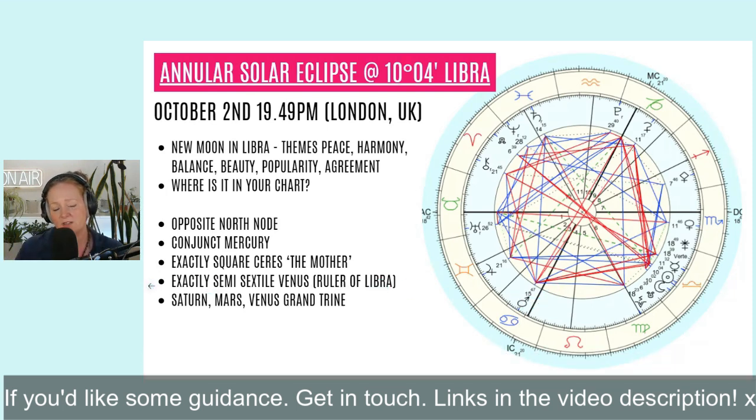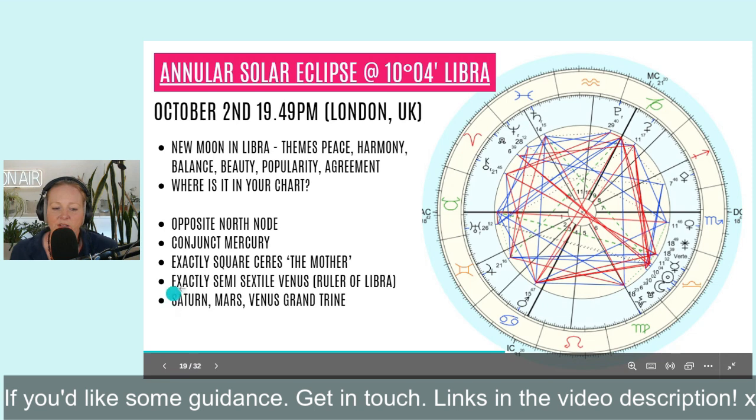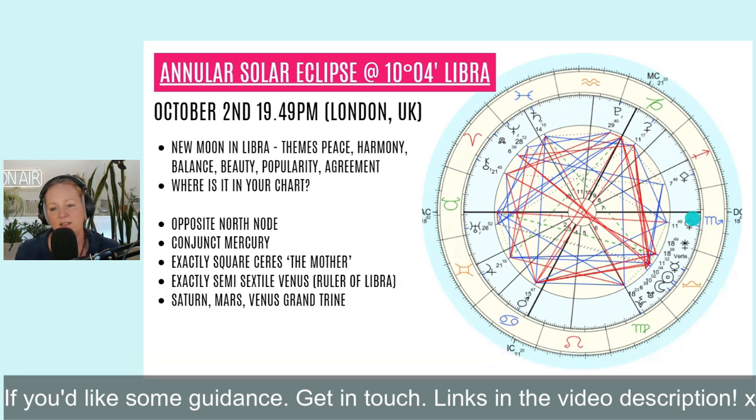Stepping away from motherhood, and I should also apologize, it's not only about motherhood, it could be about parenthood. Let's consider fathers too. So there's also the perspective of what is happening at the same time, and Venus is aligned to this, but there is the grand trine.